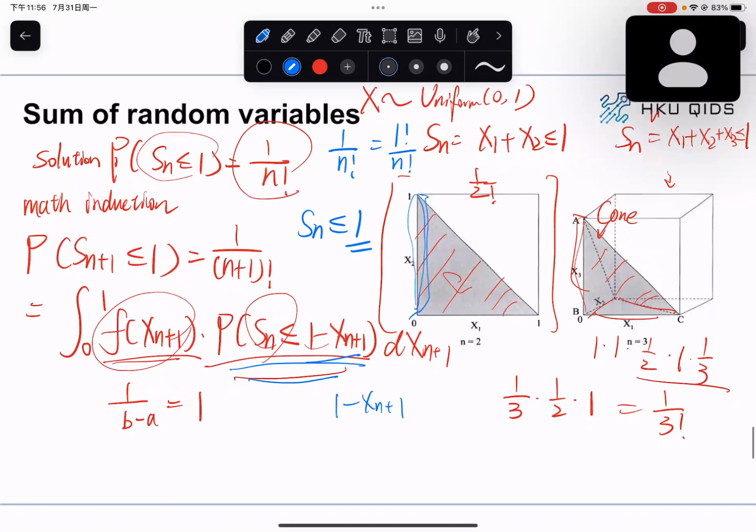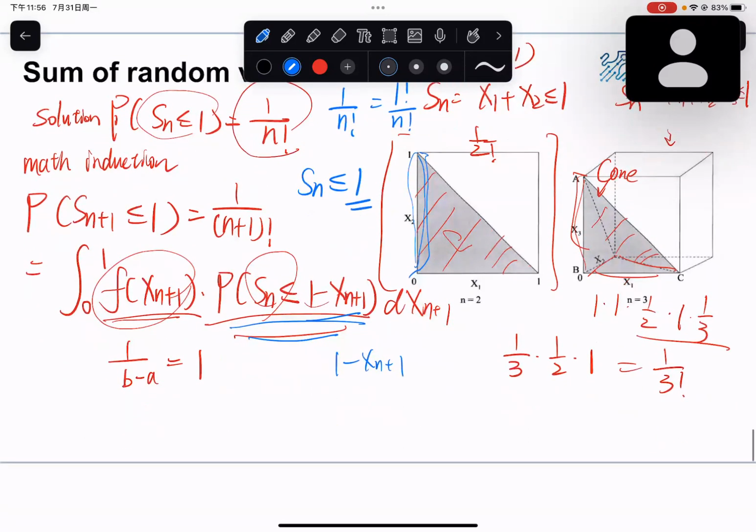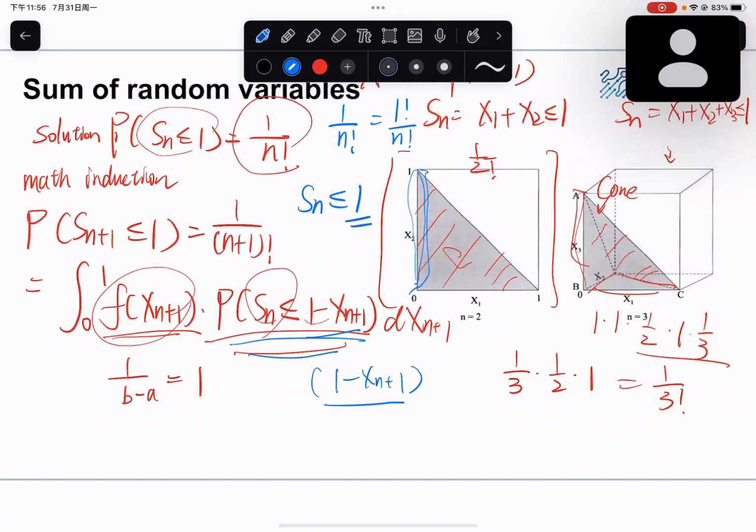Now this becomes (1 minus xn+1) to the n over n factorial. And since I am going to multiply it n times, this is going to be n, and then it becomes the integral from 0 to 1 of this part, dxn+1.